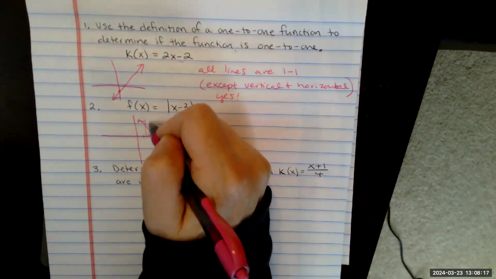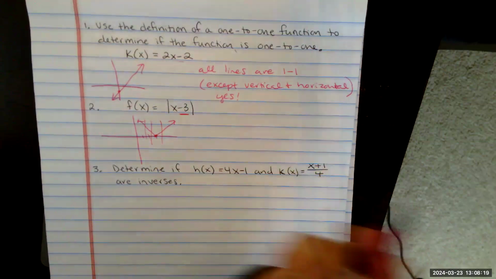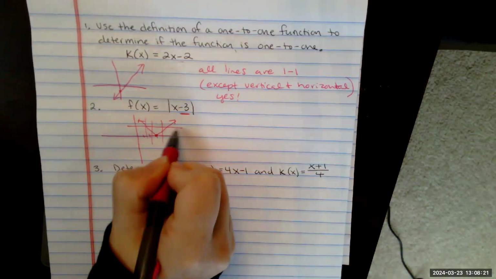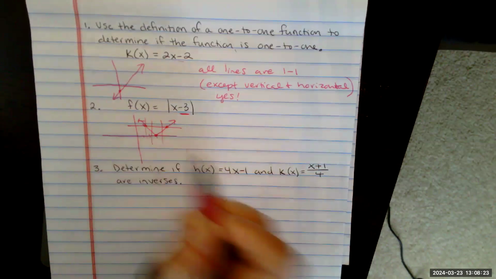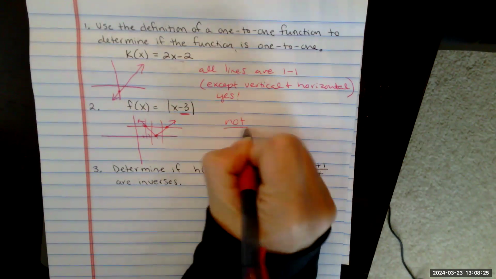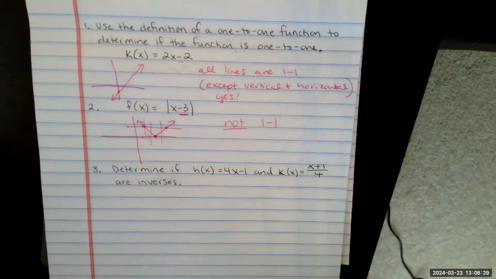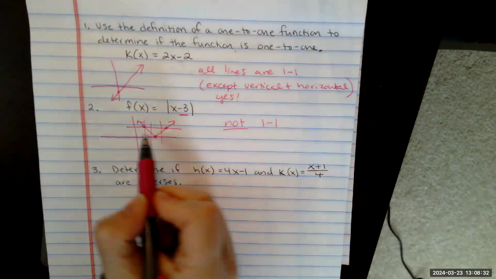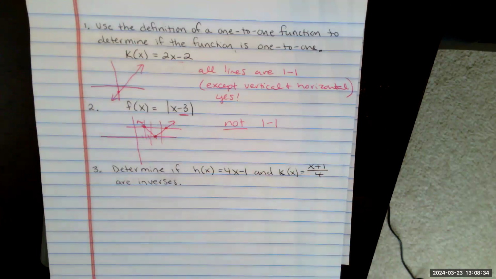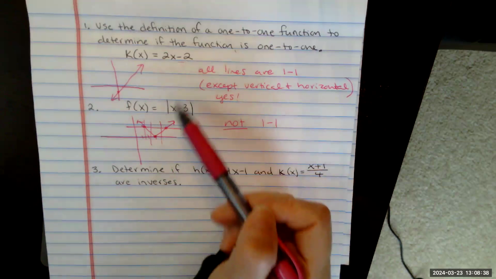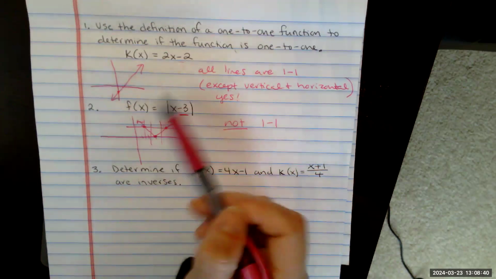Any V graph is going to be a function, but when you go to check, it is not one-to-one. This is another way to write one-to-one. Okay, because it did not pass the horizontal line test. Okay, so I think it's easier, even if they give you an equation, to think of what the graph looks like.